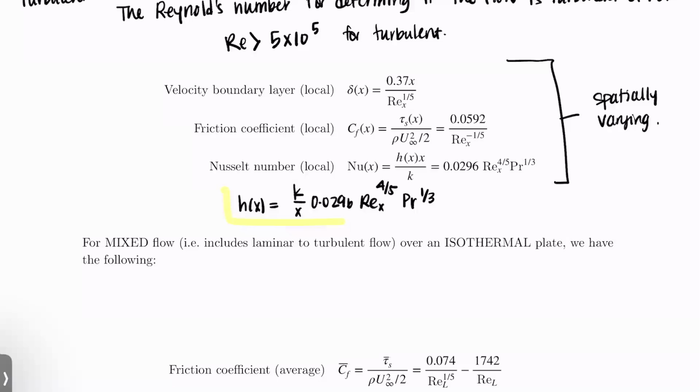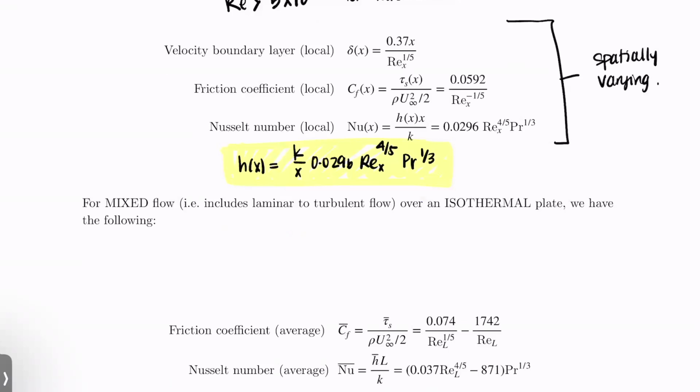And then we also care about what's happening on average. If we care about what's going on for the whole plate, we'll need these averaged values for the friction coefficient and the Nusselt number, for example. Obviously, if we're averaging over the entire plate, the transition from laminar to turbulent is going to be included, so that's the mix. It looks like this.